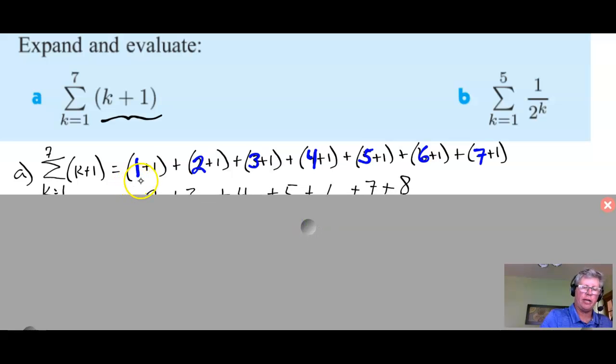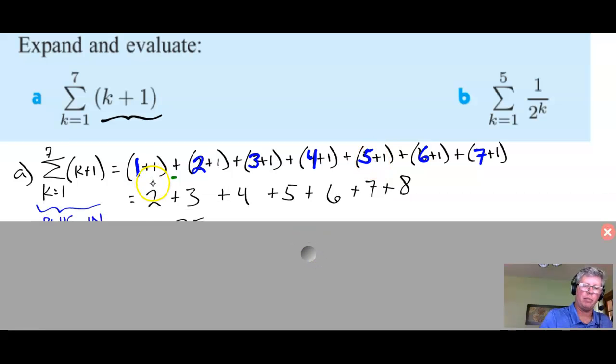So I've highlighted in blue the k value as it takes on its integer values. So when k equals 1, we plug it in and we get the value 1 plus 1. Sure, I could have written 2, but I wanted you to see that I'm taking each term and then adding it to the next term. Okay, so now k equals 2, k equals 3, k equals 4, and so forth.